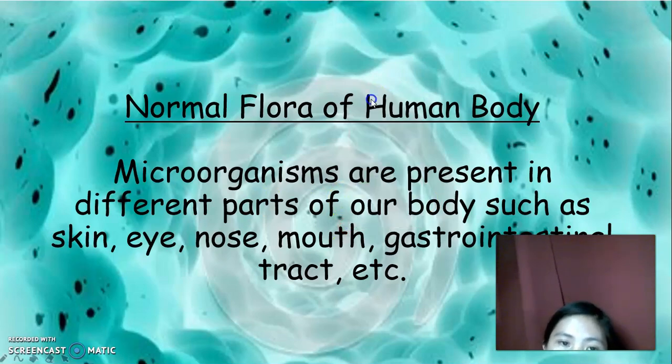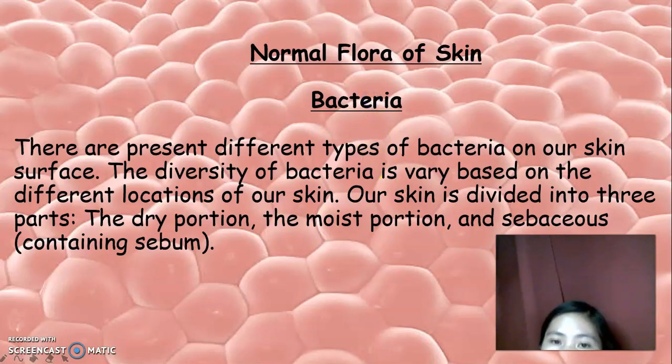Next is normal flora of skin. First is bacteria. Different types of bacteria are present on our skin. On our skin surface, the diversity of bacteria varies based on the different locations of our skin. Our skin is divided into three parts: the dry portion, the moist portion, and the sebaceous portion.